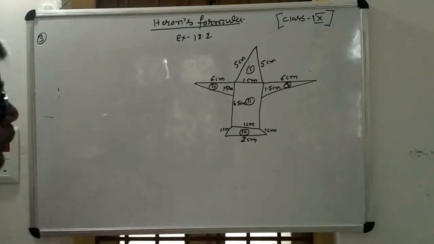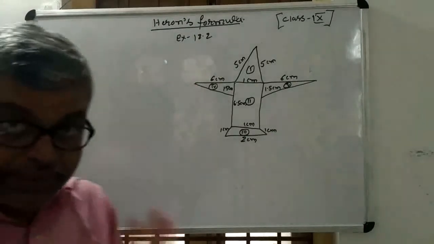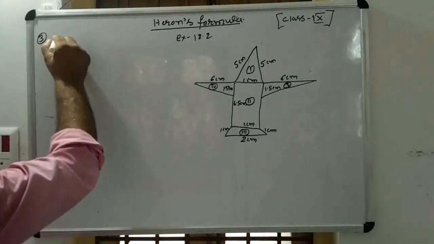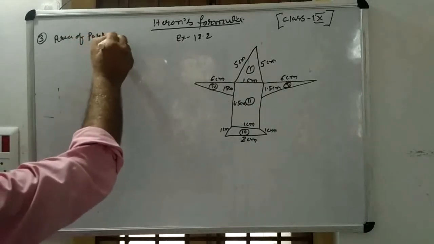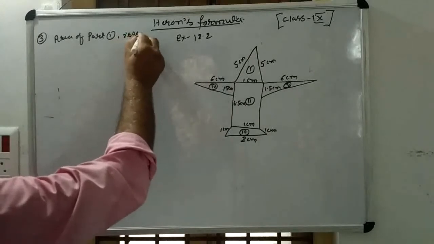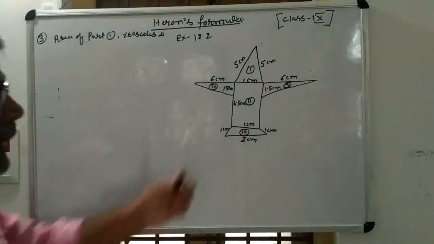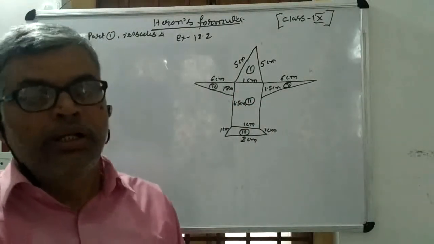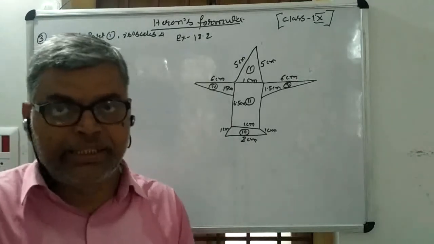Now I am calculating the area of part 1, which is an isosceles triangle. Here you can apply Heron's formula also, but that will become a little lengthy.